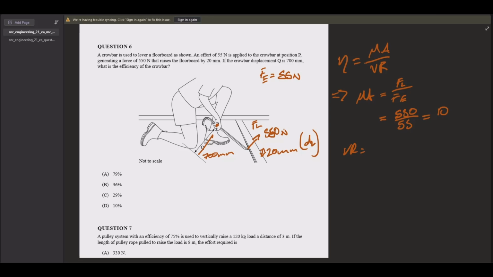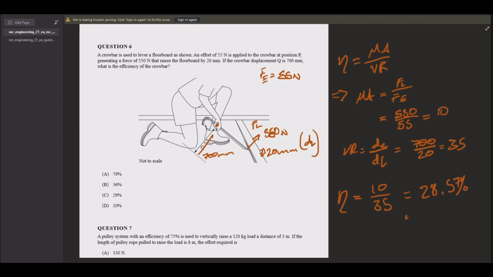And our velocity ratio is distance of the effort divided by distance of the load. That is 700 divided by 20, which is 35. If we do our efficiency formula, we're going to have 10 on 35, which is 28.57% efficient. It's pretty bad.